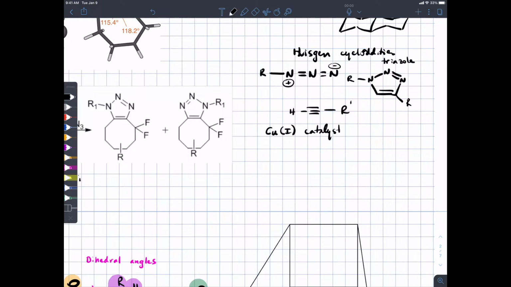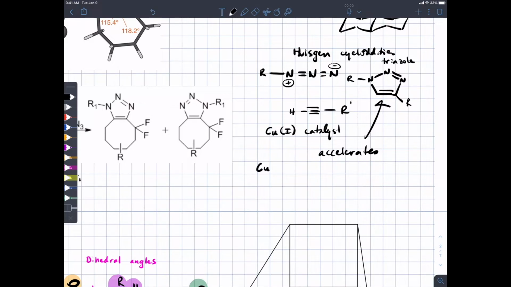And the nice thing about it is that if you're dealing with biological molecules, they don't naturally have a lot of azides or alkynes, and so you can do some interesting chemistry in the presence of unprotected biological molecules. So the copper catalyst greatly accelerates the cycloaddition.